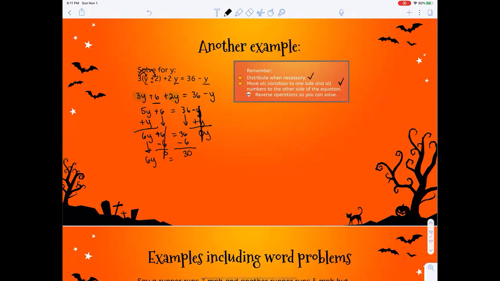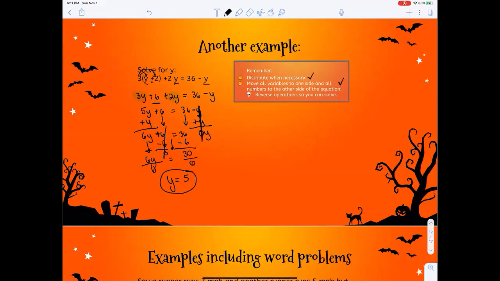So I'm left with 6y equals 30, but I want to know what y is, not 6y. Therefore, I want to get rid of the 6. If it's multiplying 6 and y, then I want to divide by 6 on both sides. And I'm left with y equals 30 divided by 6, which is 5.